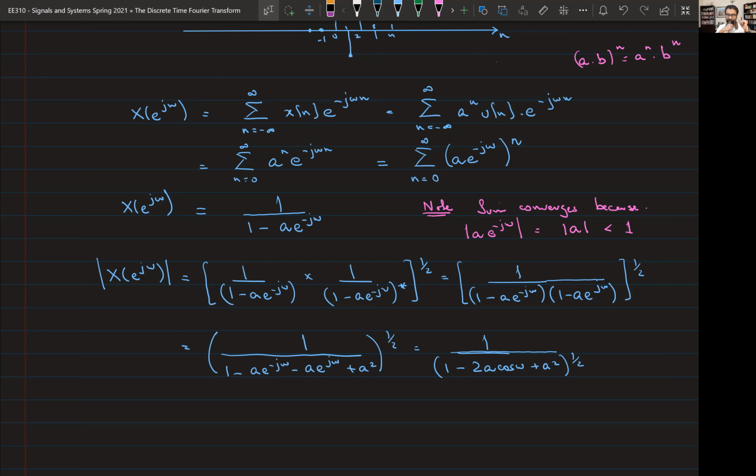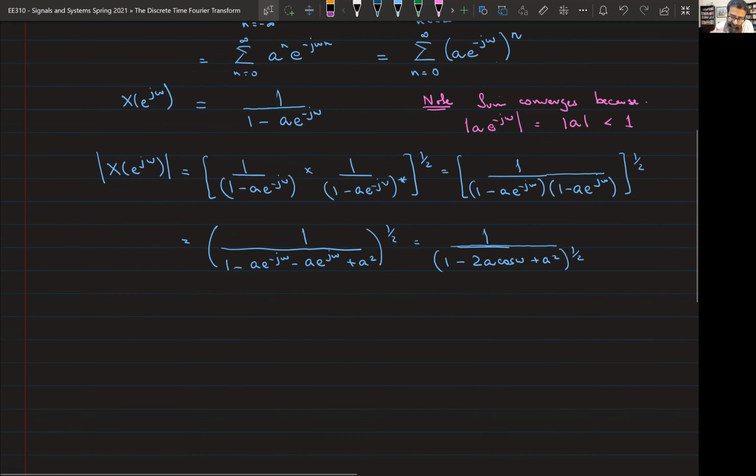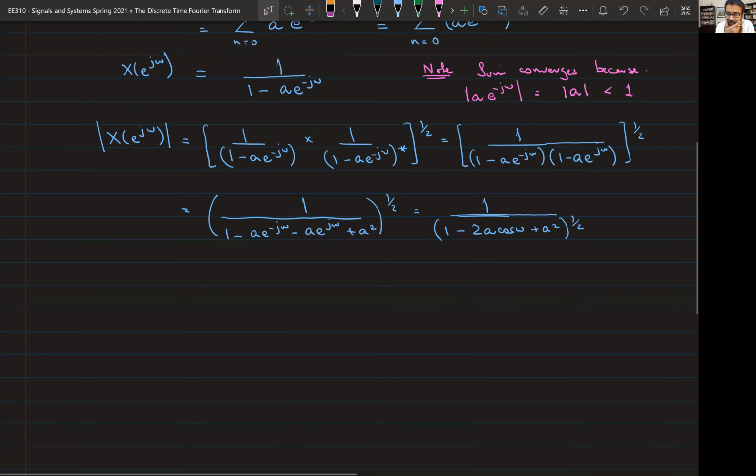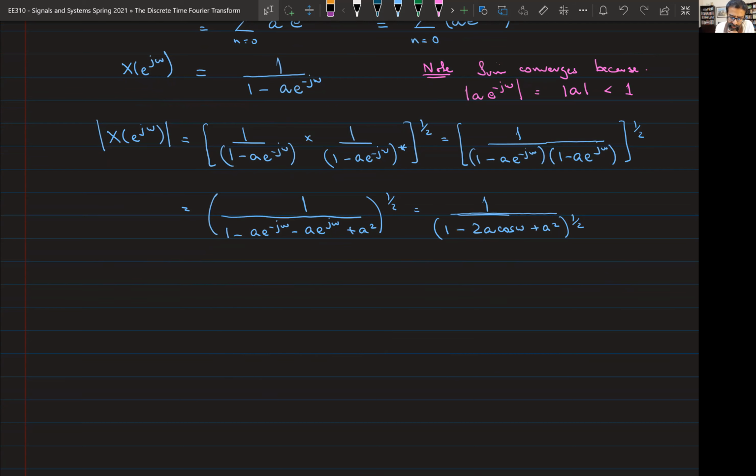Understood? I'll think about it more. All right, so convergence means the amplitude never goes to infinity, no matter what omega is.